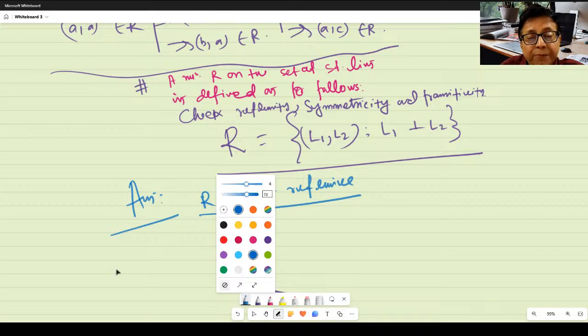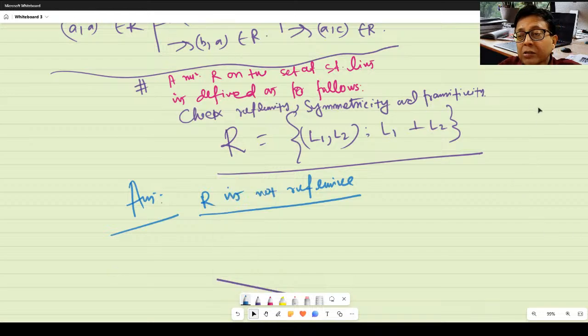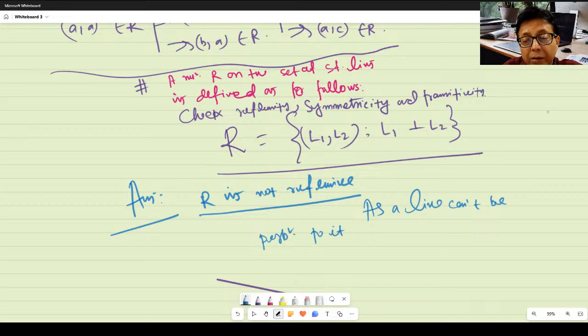Because a line can't be perpendicular to itself. Am I correct?